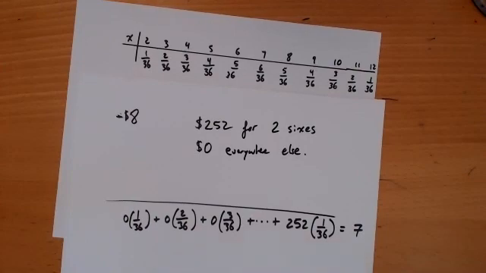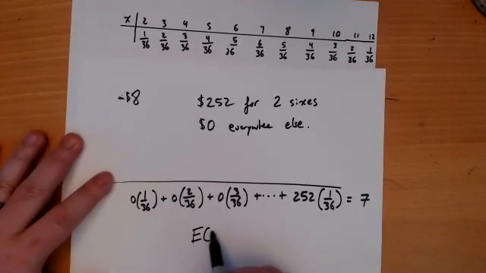So on average, every roll you would win $7. But you're still paying $8 to play the game, so you're still losing $1. So the expectation value here is negative $1.